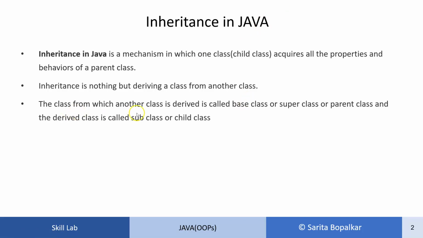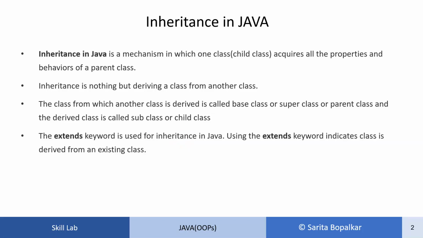The class from which another class is derived is called a base class or superclass, or we can call it a parent class, and the derived class is called a subclass or a child class. Let's see how to do the inheritance. The extends keyword is used for inheritance in Java.